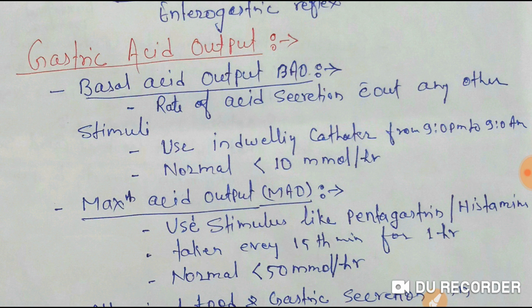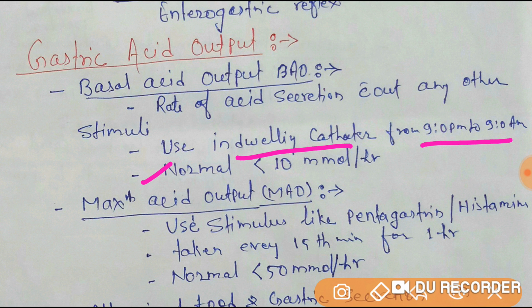It uses an indwelling catheter from 9 p.m. to 9 a.m., and normally it is less than 10 millimole per hour. This is calculated from 9 p.m. to 9 a.m. while the indwelling catheter is inserted. Then it is calculated as basal acid output. No stimulus is given for the secretion.